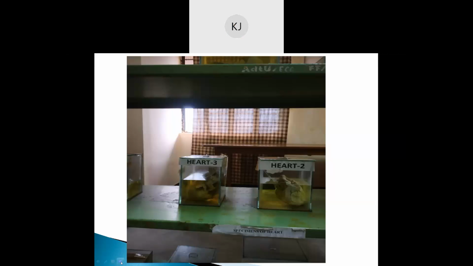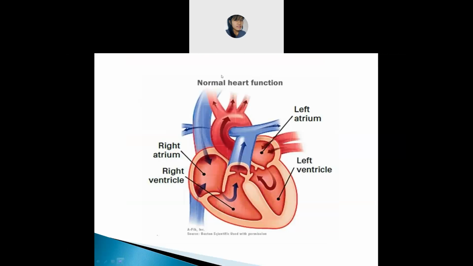Okay, Kintiu, can you tell me about the circulatory system of the heart? Yes. Can you say?